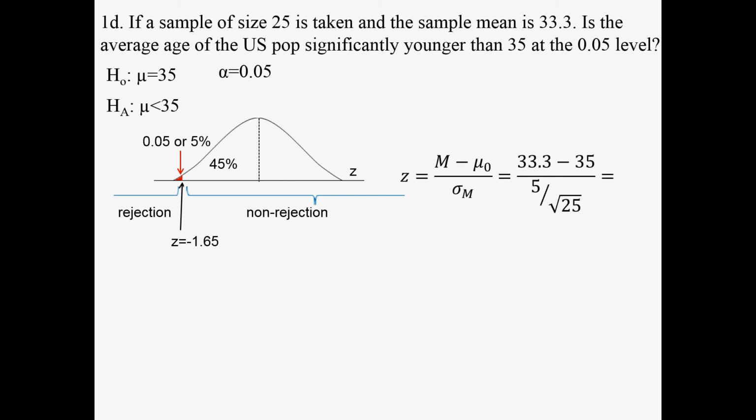Use the same formula, but this time the sample mean is 33.3, so the test statistic z-score is negative 1.7. Compare that with the critical z-score negative 1.65, it falls to the left of negative 1.65.